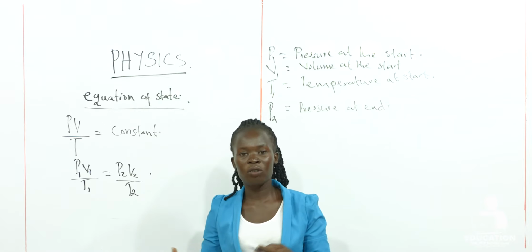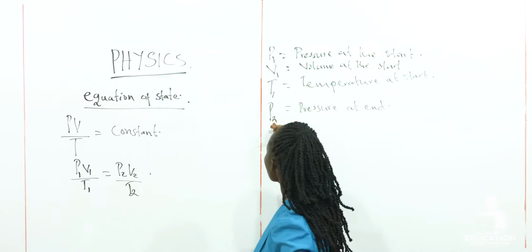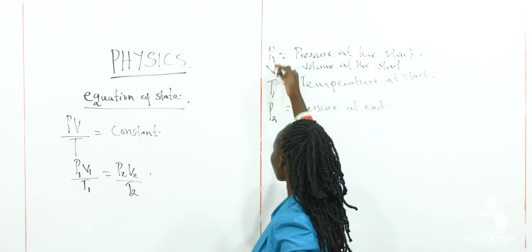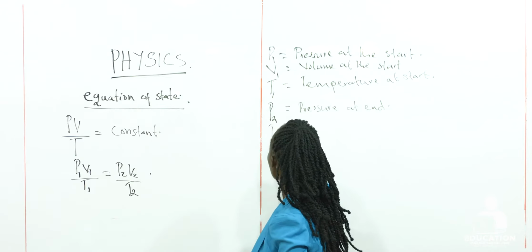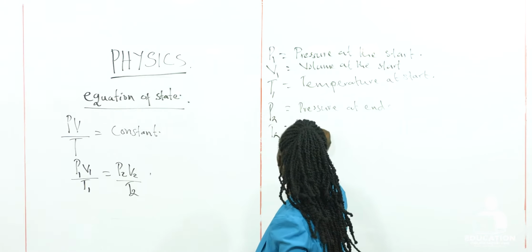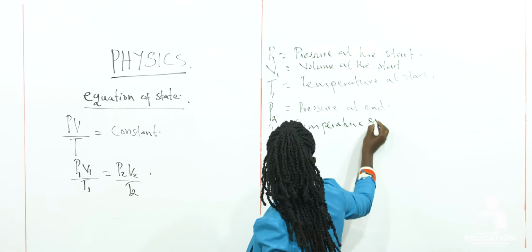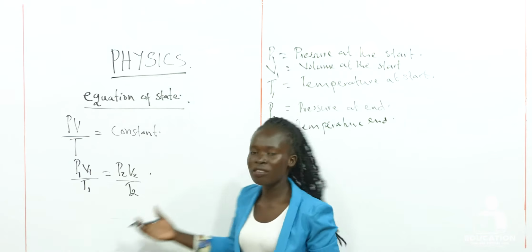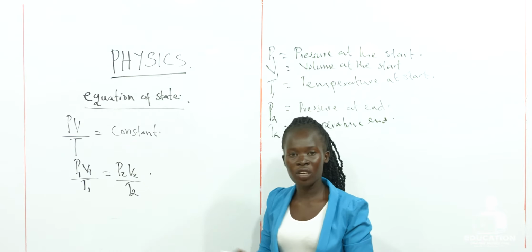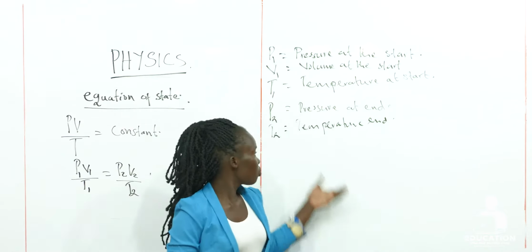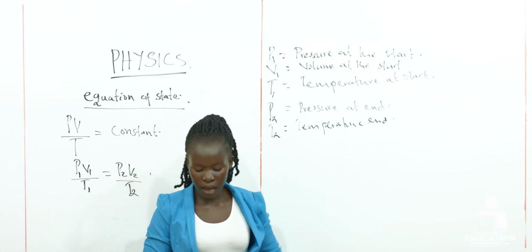Because of their variation, since the values are not the same, we have it as P2. Also, T2 stands for temperature at the end. So this is what we are going to be using in our calculation. If we look at the P2, we should know that it is the pressure at the end of the experiment.